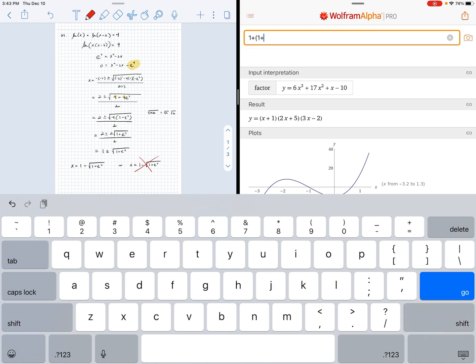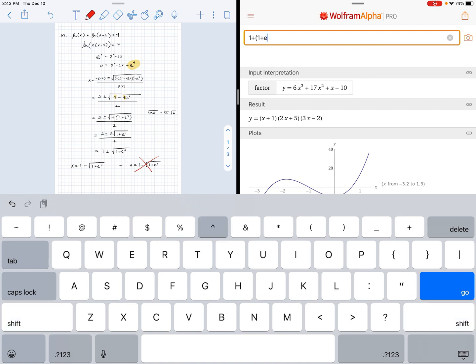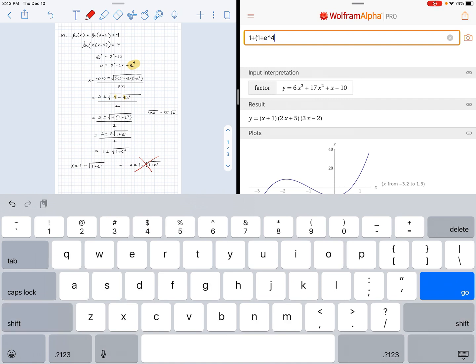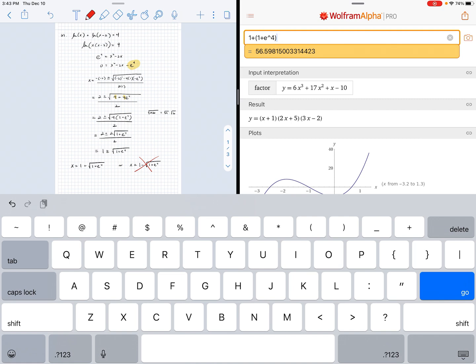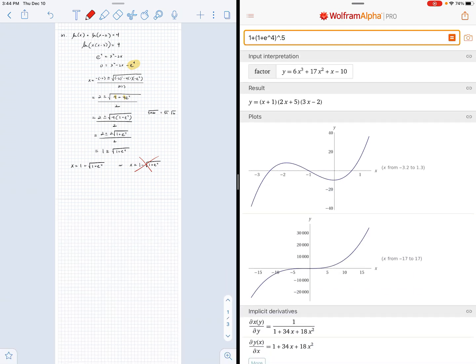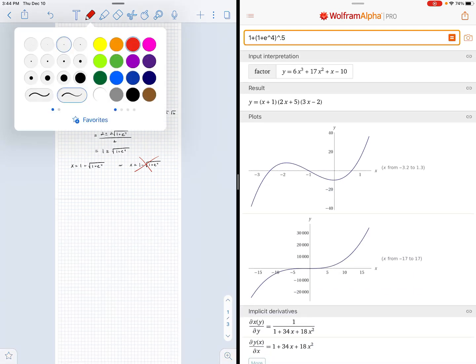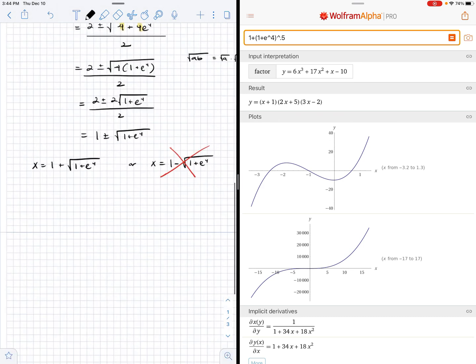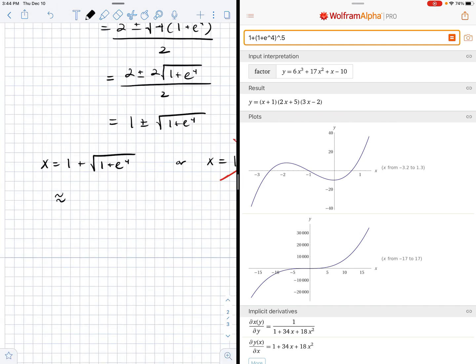So 1 plus e to the 4th, close parentheses, to the 1/2 power. Okay, so that's approximately 8.456. 8.456 is the approximation.